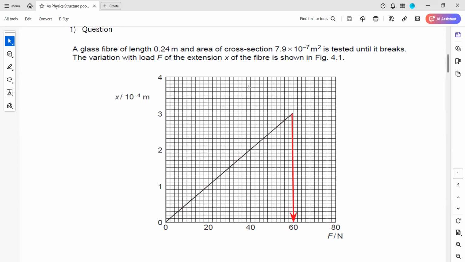which is 60 here. And divided by the area, which is given.